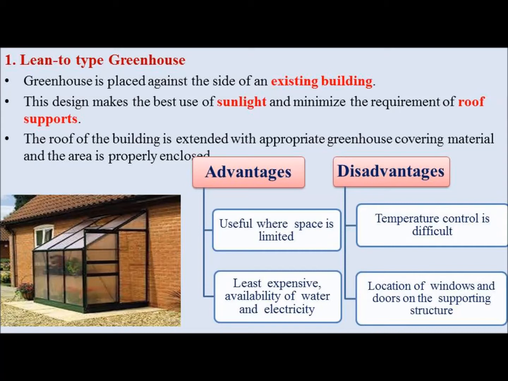Second, limited light. Third, limited ventilation. And last, limited temperature control. Temperature control is more difficult in this type of greenhouse because the wall of the greenhouse may collect the sun's heat and the translucent cover may lose heat rapidly, which increases the heat inside the structure.